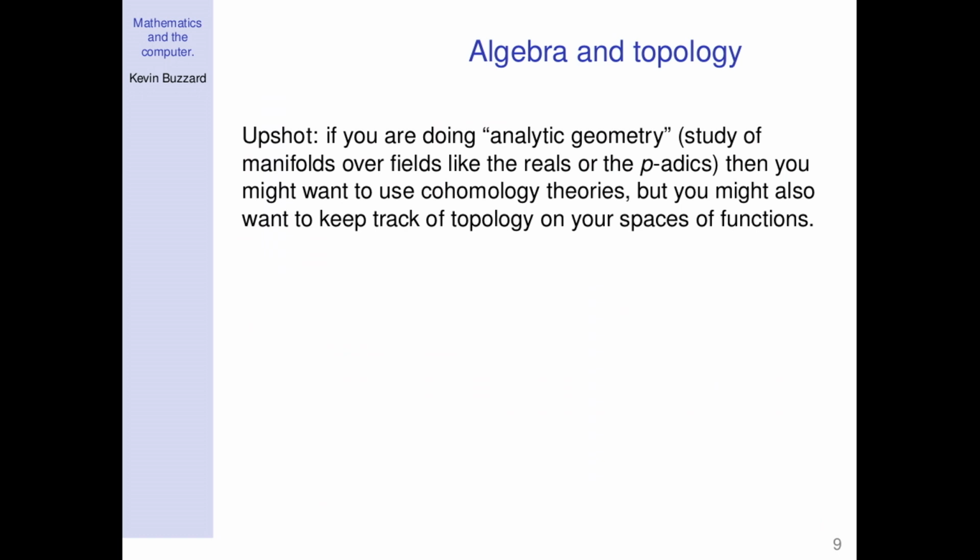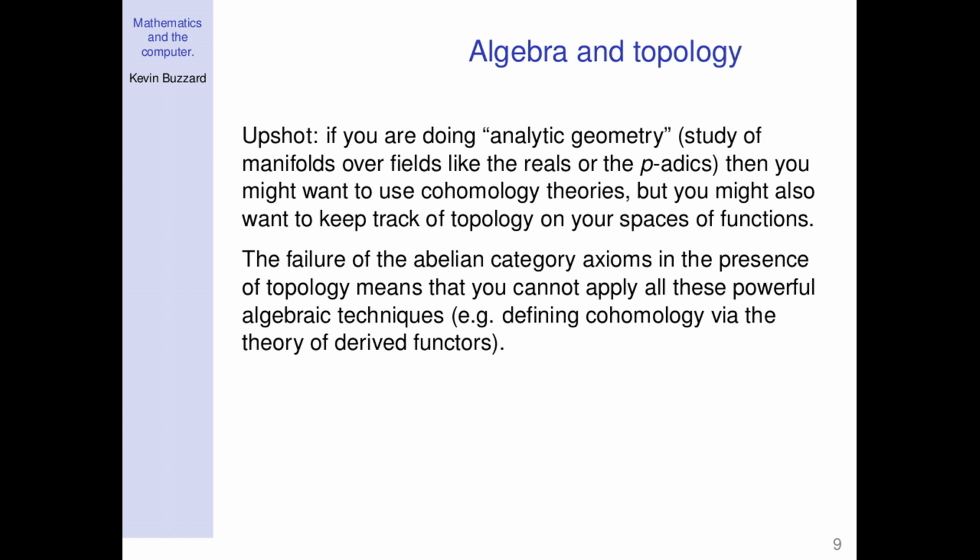So this is somehow the problem. If you're interested in real or complex manifolds, or even p-adic manifolds, which some people are, or p-adic rigid spaces, then you still want to use the amazing tool of cohomology. You want to do things like de Rham cohomology, but you don't have access to all this fancy technical machinery like the theory of derived functors that will just apply instantly.